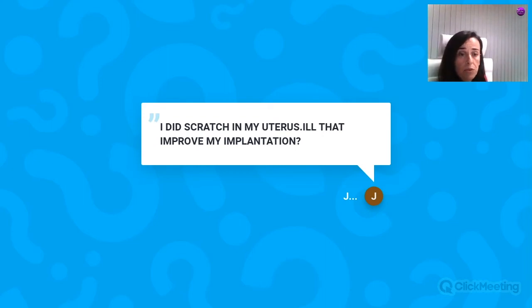But as I said, with the steroids, there are no medical scientific studies that affirm that it improves. But empirically, we have very good results with this, so we do it in the implantation failures, independent of if the patient has endometriosis or not.